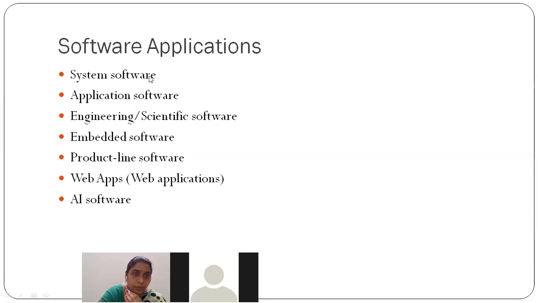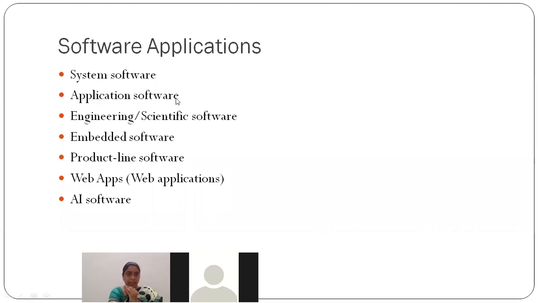So what system software is doing there is helping us to interact with some other software. And next one is application software. As I already told you, application software helps us do specific things of interest to end users.